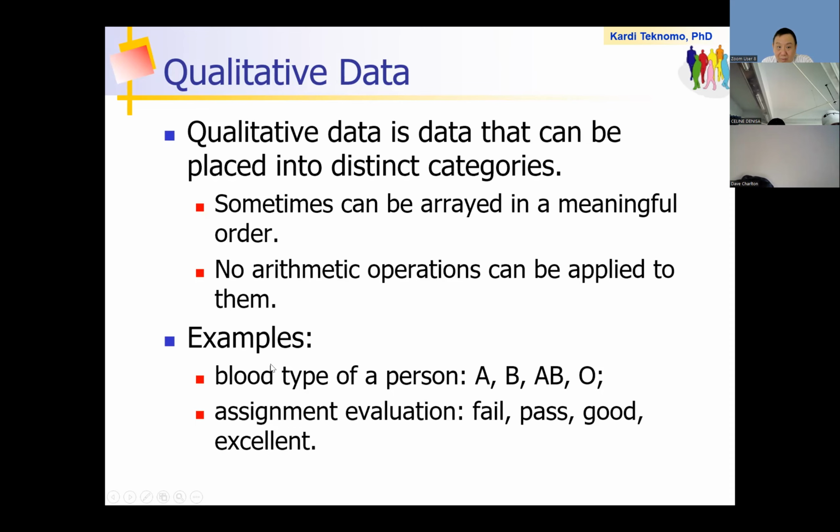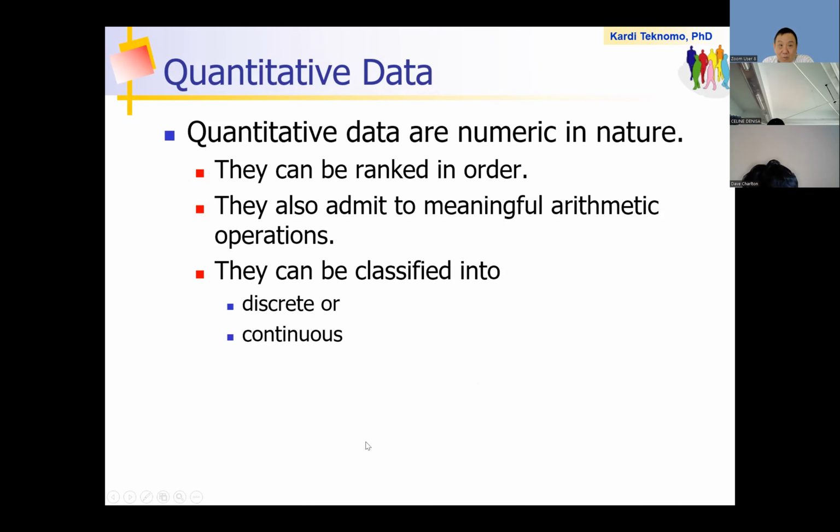For example, blood type is A, B, AB, and O. Assignment evaluation can be fail, pass, good, or excellent. These are qualitative data.